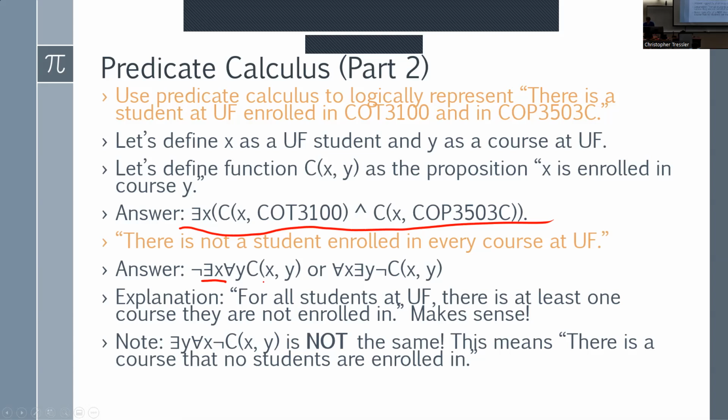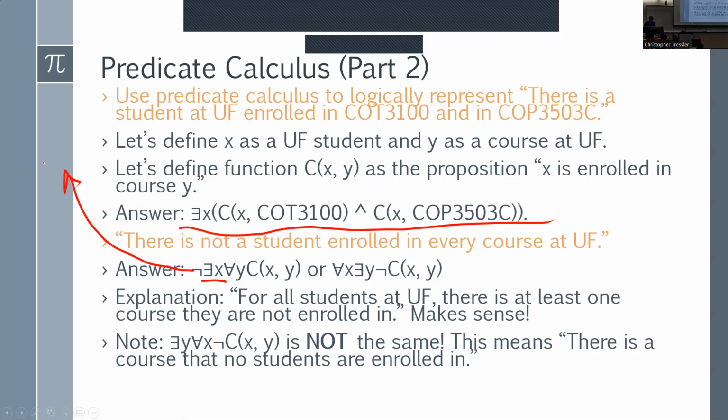Now notice we have the second answer there. Whenever you negate something, let me go to the side. We have this negation, which reads: negation, backwards E X, upside down A Y, C of X Y. When you negate something in predicate calculus, you're going to have to change the backward E's to upside down A's, and you're going to have to change the upside down A's to backwards E's.